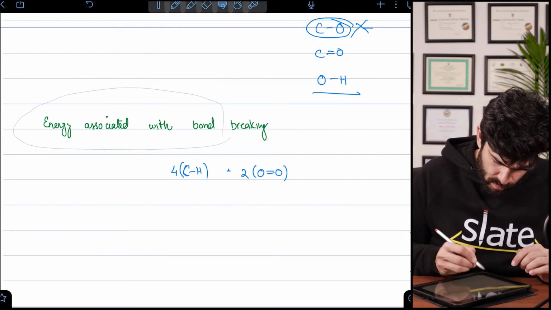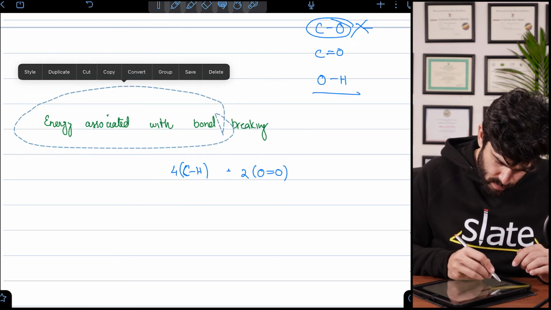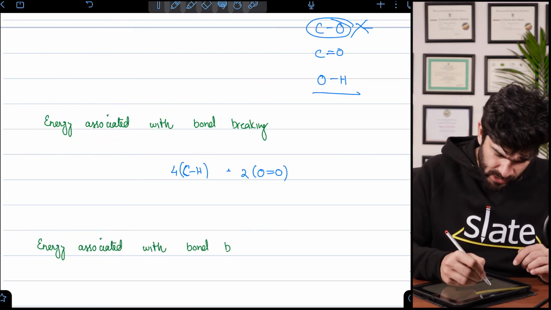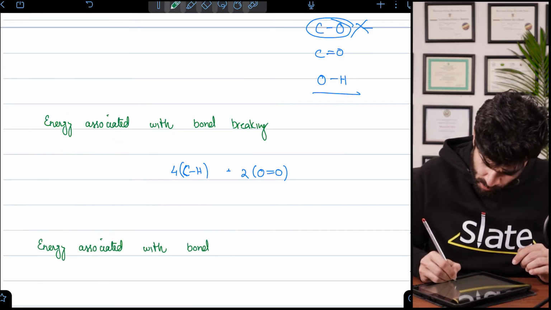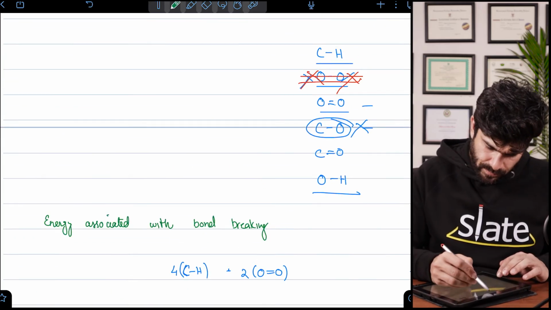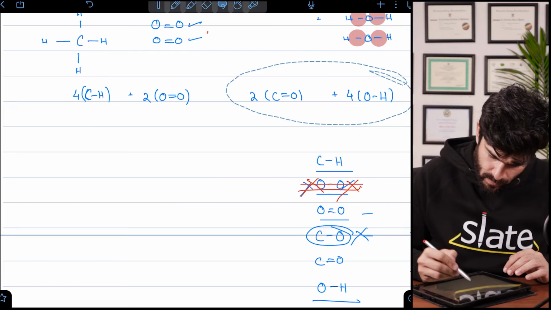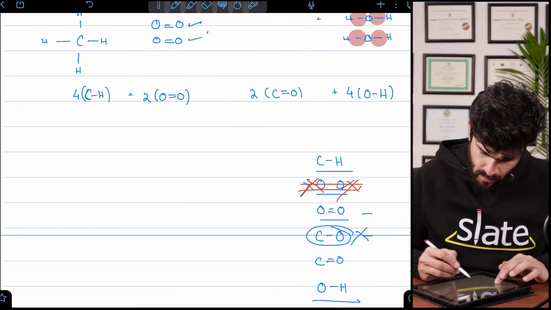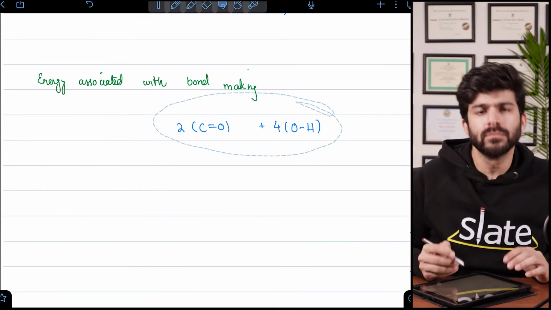Then you make another one, the energy associated with bond making. You put the values here.